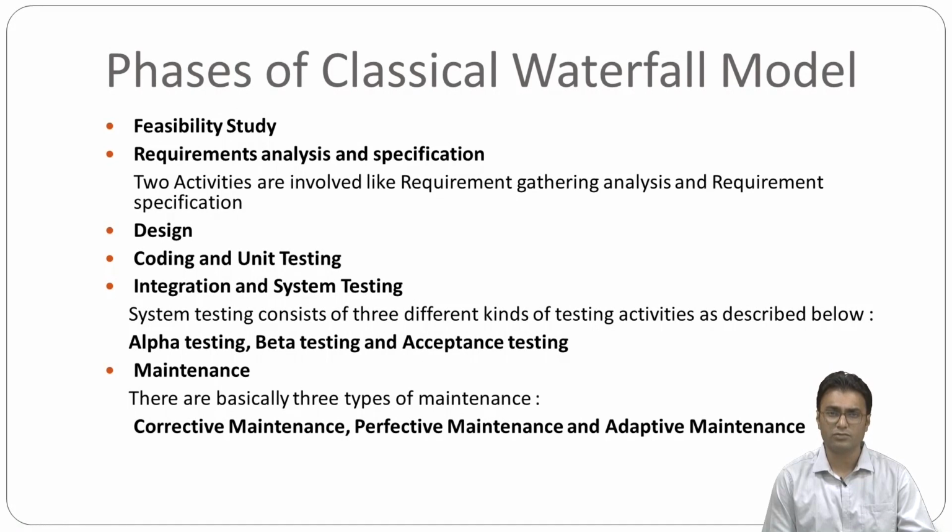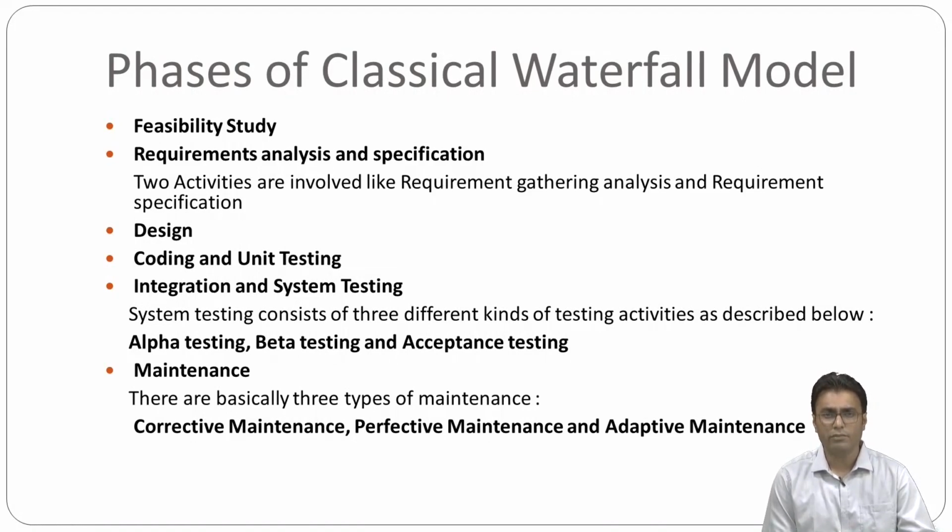Then the next one is acceptance testing. After the software has been delivered, the customer performs acceptance testing to determine whether to accept the delivered software or reject it based on their satisfaction with the product.